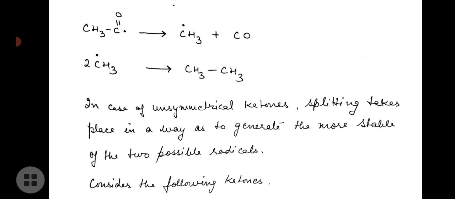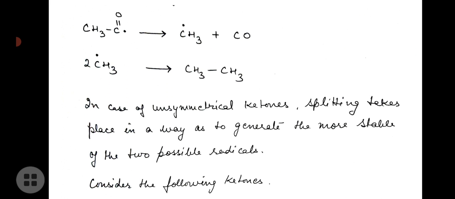In the equations, the first equation is acetyl radical giving rise to methyl free radical plus carbon monoxide. Two methyl radicals combine together and form ethane. Now this was the case of a symmetrical ketone, acetone, which we were discussing.